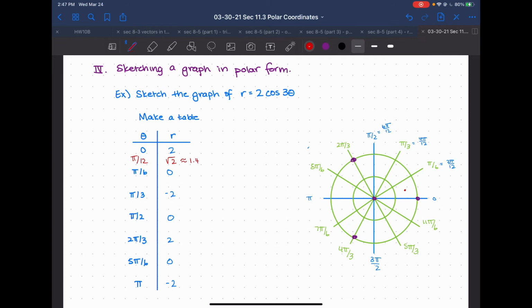Okay, so then we have in between here is 3 pi over 12. 3 pi over 12 times 3 is 3 pi over 4. Cosine of 3 pi over 4 is negative root 2 over 2 times 2 is negative root 2. So where does that point go? So here's the ray, 3 pi over 12. But because of the negative root 2, we're going to go in the opposite direction. So it's going to wind up around there.